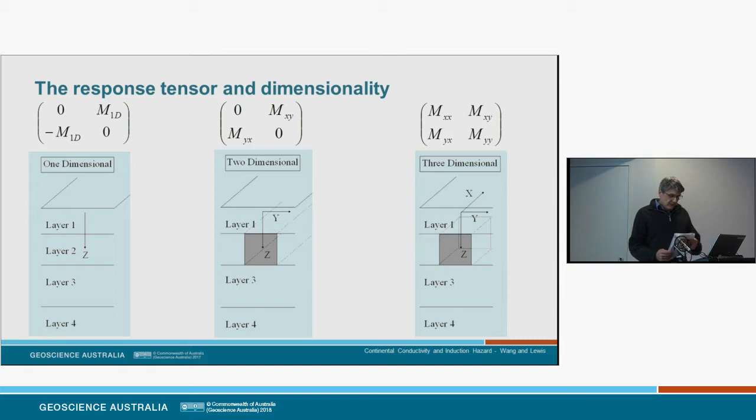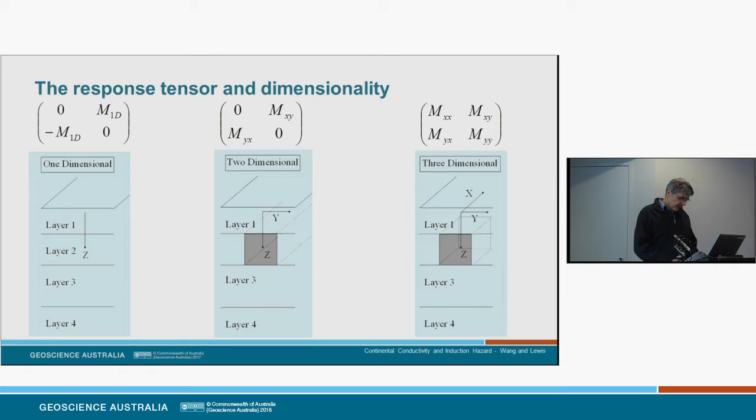Before we look at some of those maps, I just want to quickly point out the dimensionality of the subsurface and the relationship to the magneto-telluric response tensor. If the subsurface is a one-dimensional conductivity feature, so it's either a half space or conductivity which is varying with depth only, the response tensor takes on the simplified form over there, with the diagonal elements 0 and the off-diagonal elements equal and opposite.